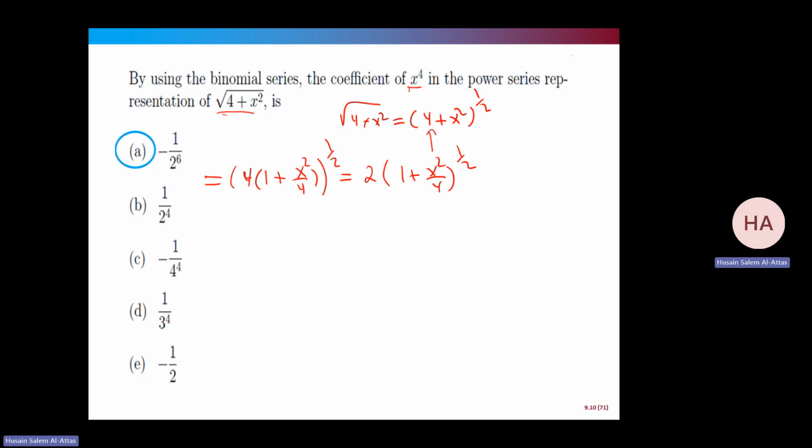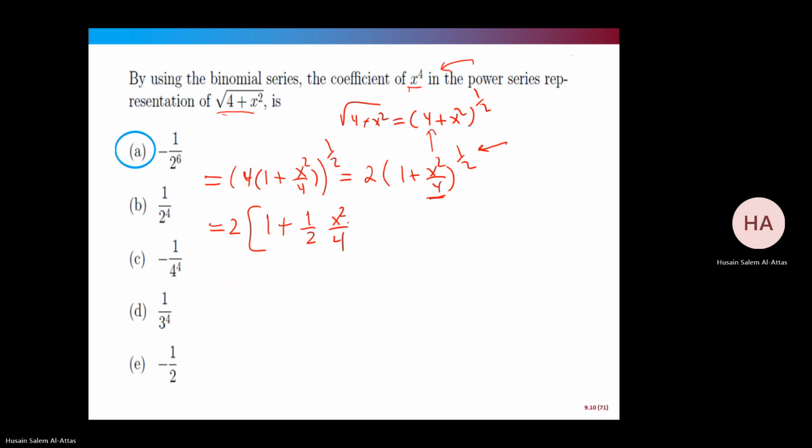Now I use the binomial series. That will be 2, don't forget the 2. I have here 1 plus kx. This is my x, and k is half. So I have half times x squared over 4. I want the coefficient of x to the power 4.